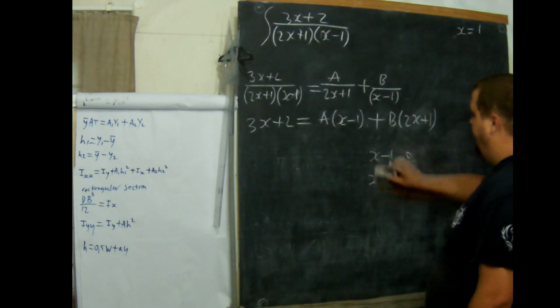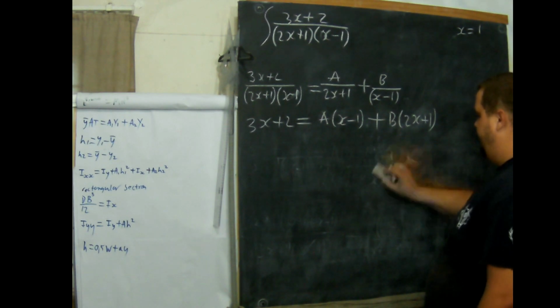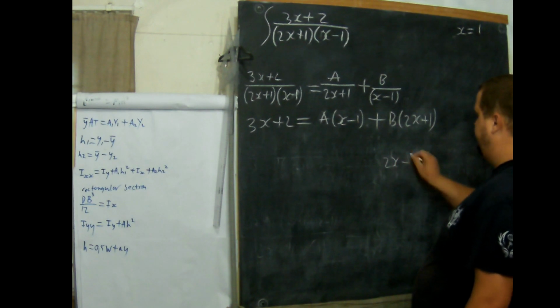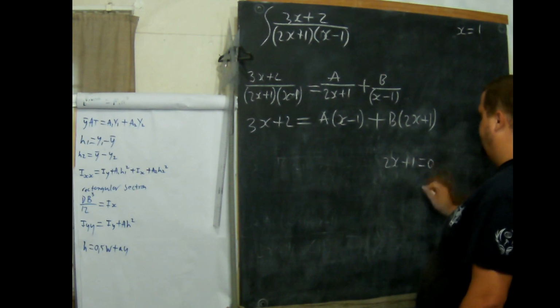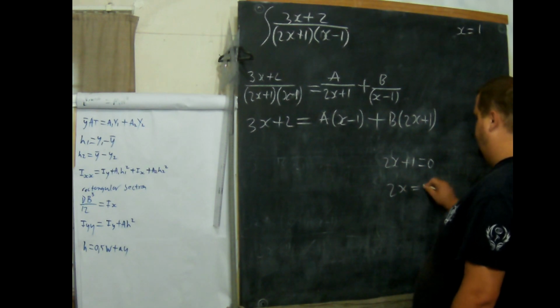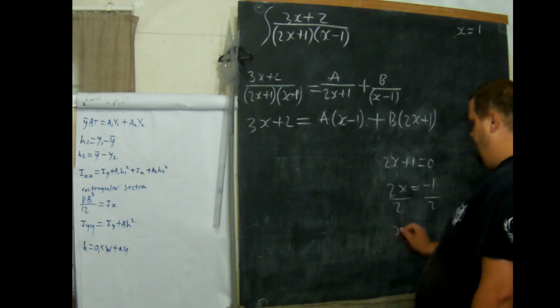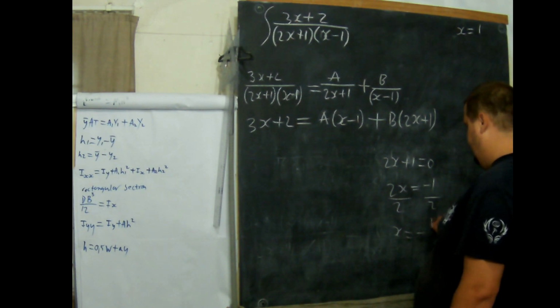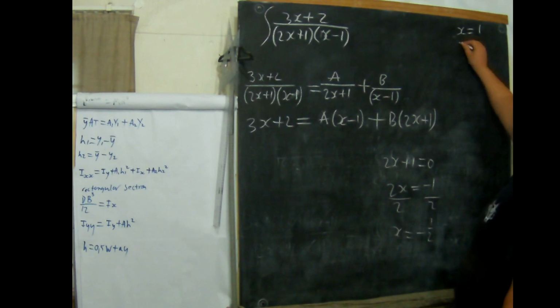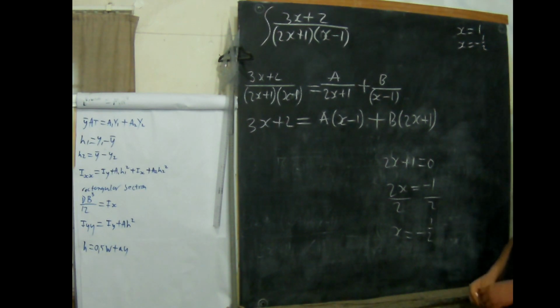Now for the 2x, 2x + 1 equals 0, so 2x equals negative 1, divide by 2, and x is equal to negative a half.